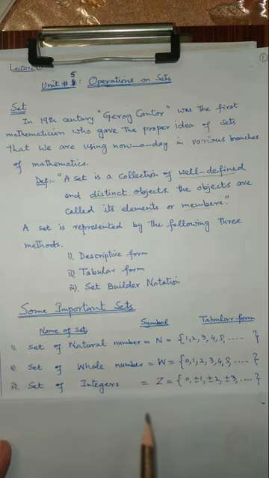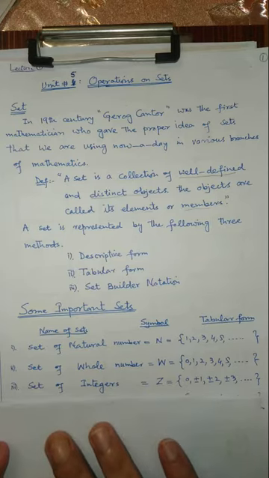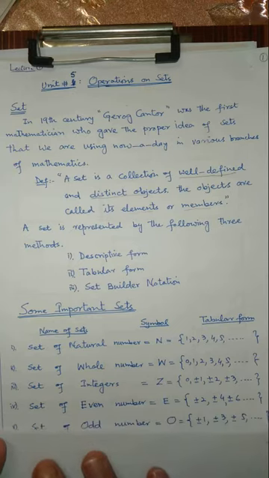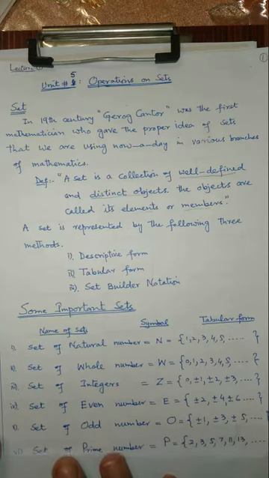Integers. Integers are denoted by Z, and this is equal to 0, plus minus 1, plus minus 2, plus minus 3. Set of even numbers. Even numbers are those numbers which are divisible by 2: 2, 4, 6 and so on. Odd numbers are those which are not divisible by 2: 1, 3, 5 and so on.